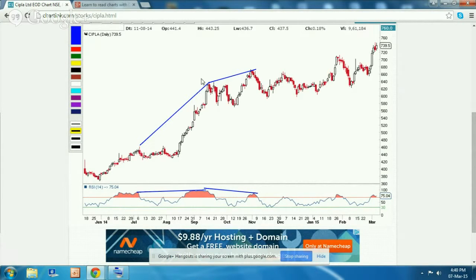So the tops of the price are going up, whereas the tops of the RSI are sideways and then going down. And what do you see at the end? At the end also, the top is going up, whereas it is sideways.